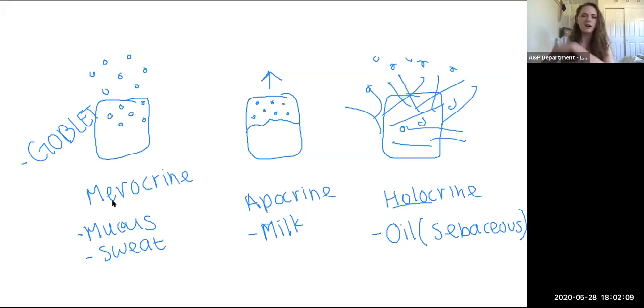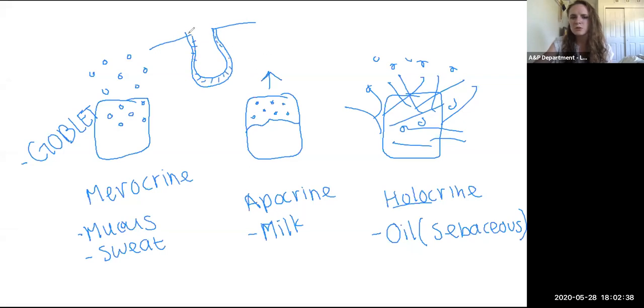Multicellular glands are all the other ones. When you think of a gland, it goes like this, and then your skin surface is here. You kind of see them in advertisements for acne when they say, oh, this gets filled up with junk and then you get acne and it gets inflamed. This is going to be all other types of glands because you have lots and lots of cells all working together for one function.